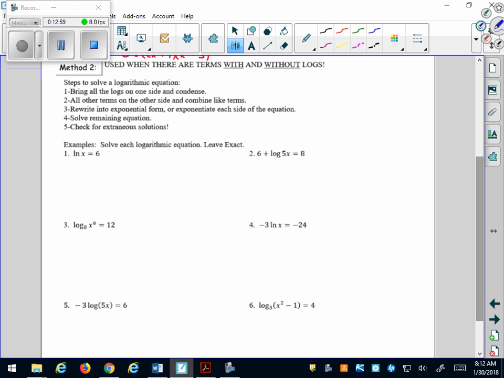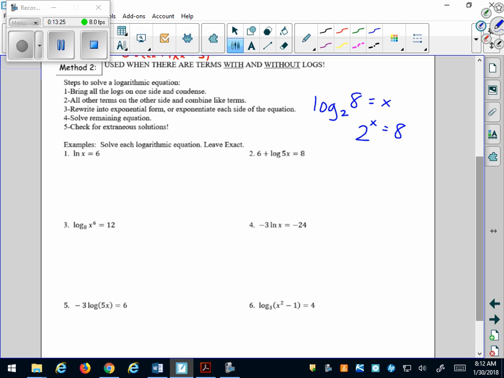You have done converting logs into exponential form before, right? If I have log base 2 of 8 equals x, and I said write this in exponential form, you would say 2 to the x equals 8, right? You've done that before. You know how to turn things from logs into exponents and back and forth.